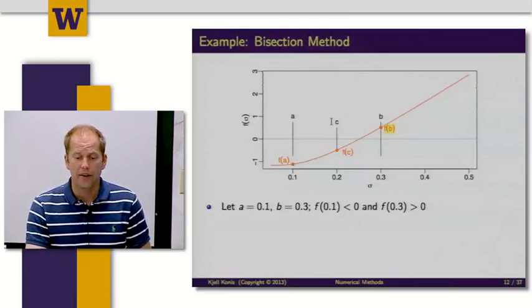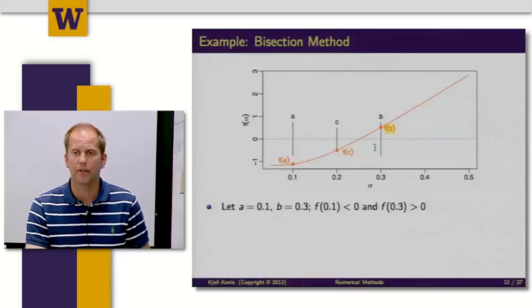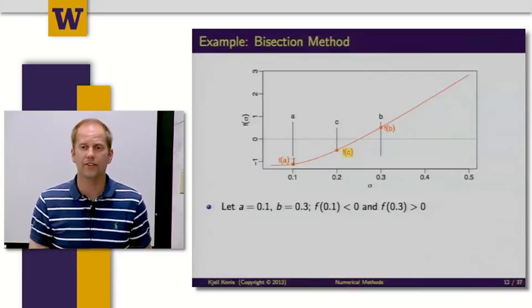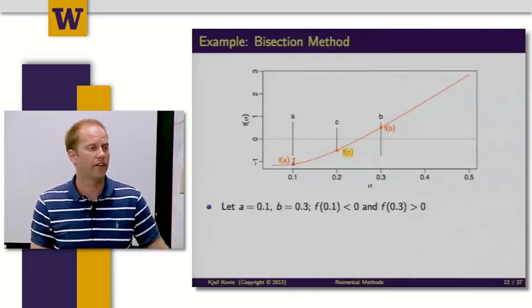Then I evaluate the function at a point c that's halfway in between, at the midpoint of the interval. In this case, f(c) is less than 0. Since f(c) has the same sign as f(a), the chunk of the interval [a, c] is the part I want to chop off and throw away.